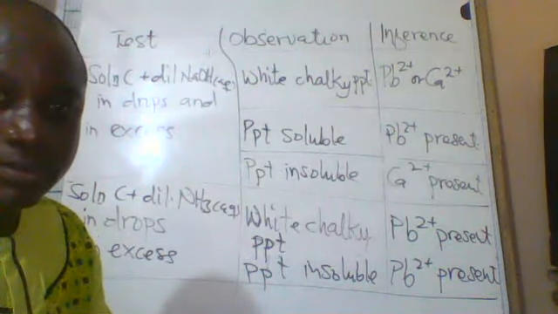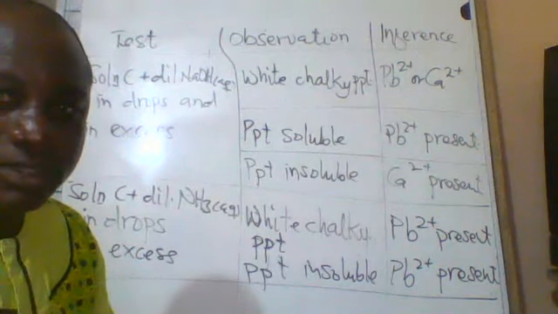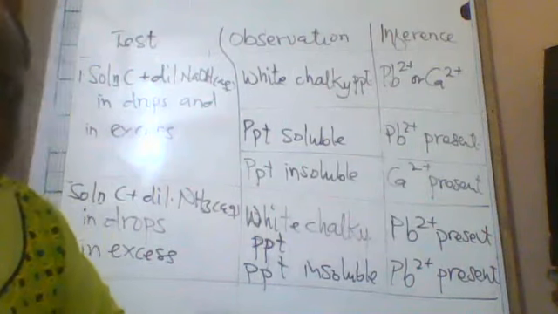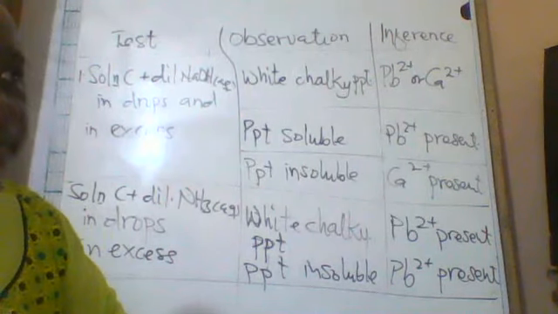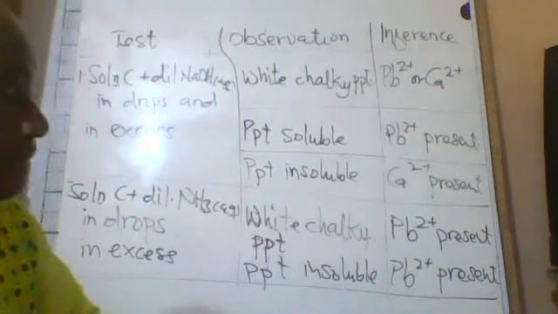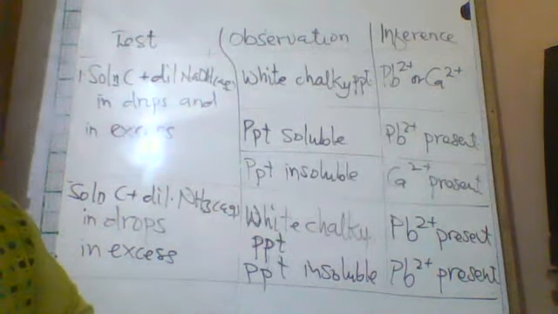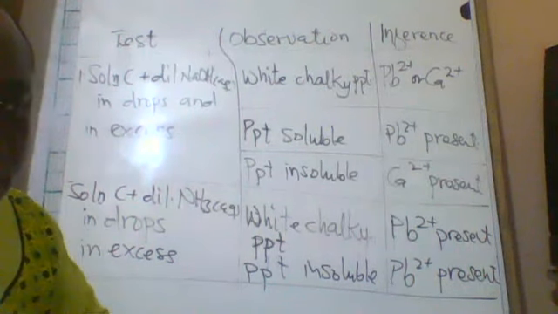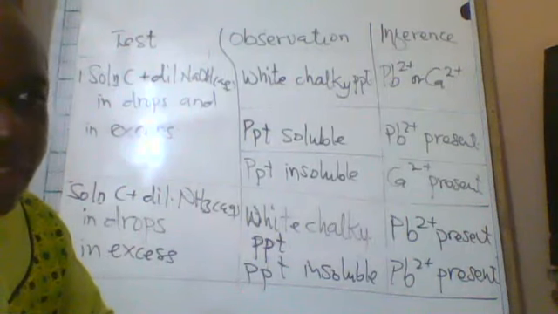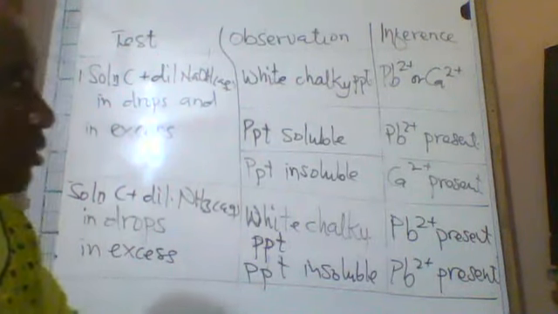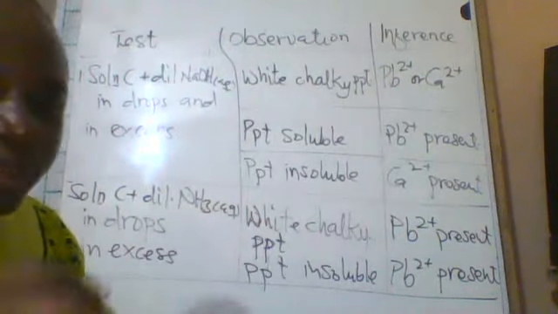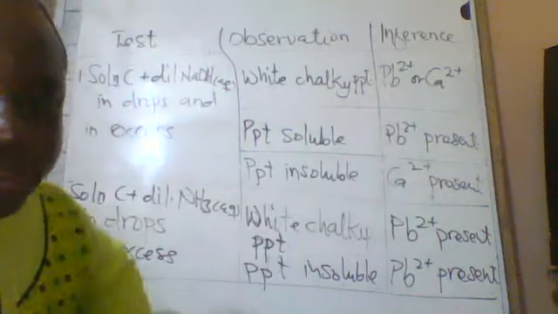You got a point? Sir, yes. Please, are you trying to tell us that in identification of lead and calcium, there are two ways of identifying them based on the two reagents? No, not that there are two ways of identifying them, but using the reagents, sodium hydroxide and ammonia, we can actually differentiate between those ions.